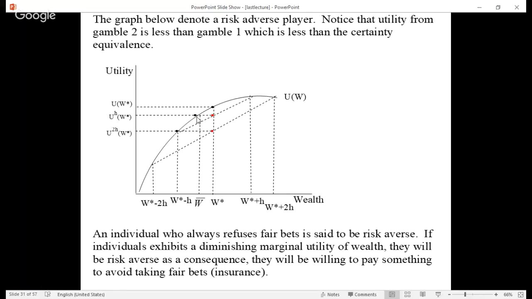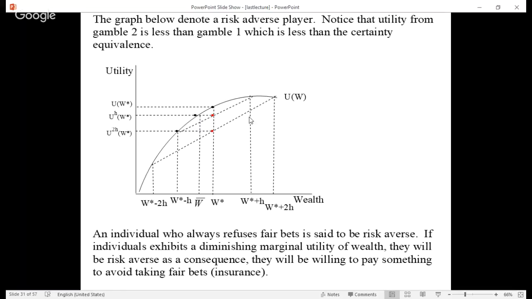That is how much his utility would be from this gamble if his wealth was W bar and he didn't have to take the gamble, those two utilities would be the same. In other words, forcing him to take the gamble and just giving him W bar would give him the same utility. So he's willing to pay the difference, W star minus W bar, to avoid the gamble.